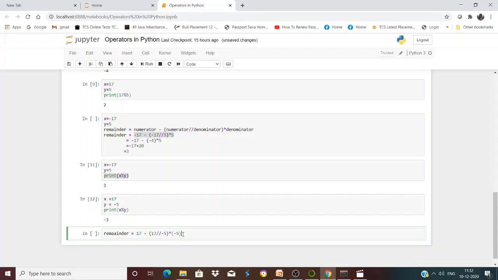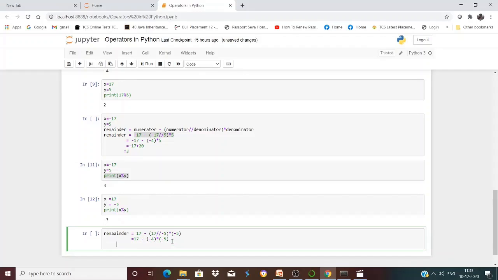So in this case the result will be 17 minus of, again it will be minus 4 into minus 5.